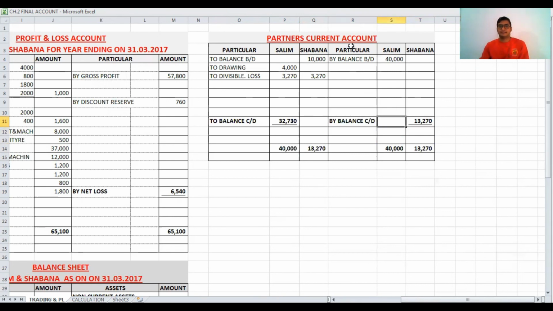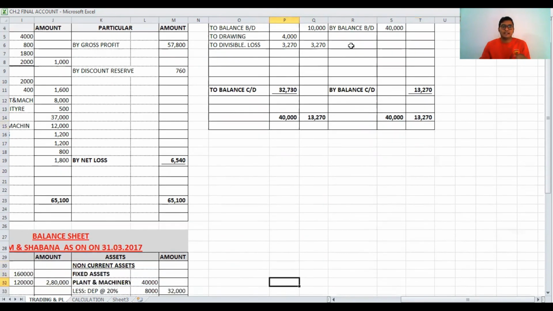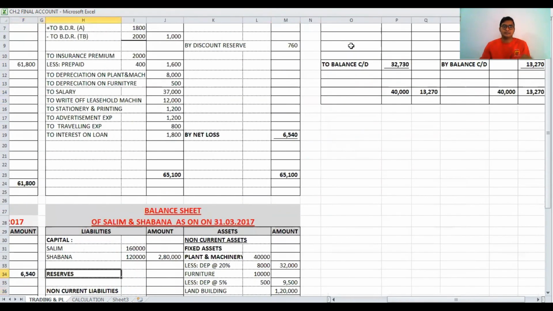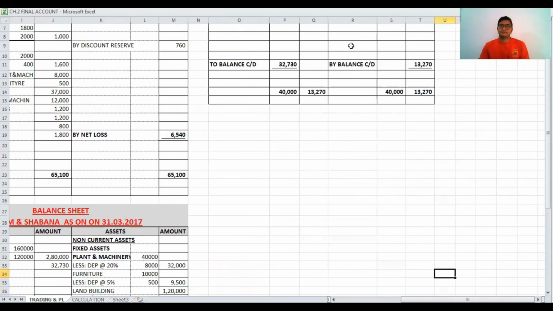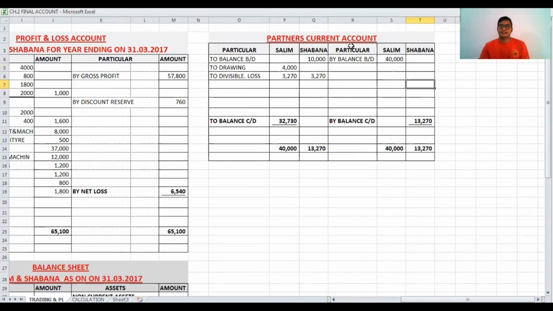Now you can see that in Salim there is a debit balance, and in Shabana there is a credit side entry. So now in the balance sheet, Salim has a debit balance, so on the liability side we have to record it as a credit balance. Current account Salim, and the difference amount is 32,730. This is for Salim, and now for Shabana there is a credit side entry.